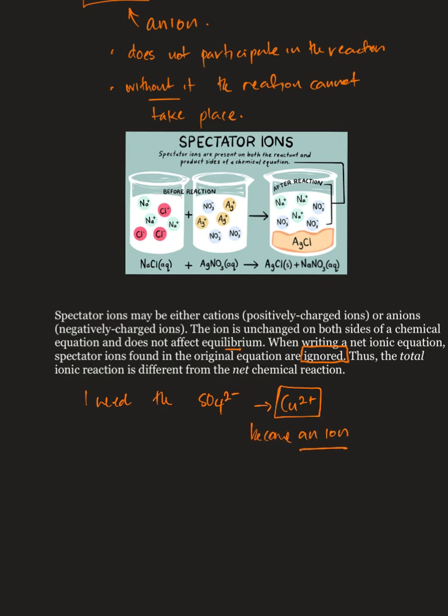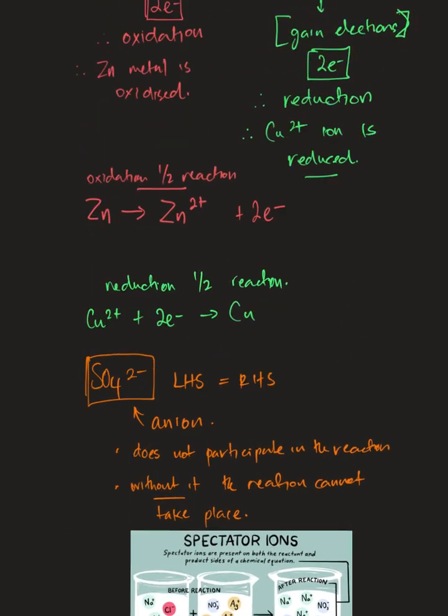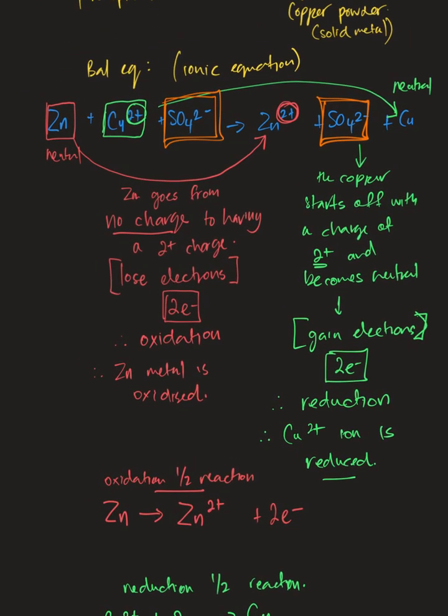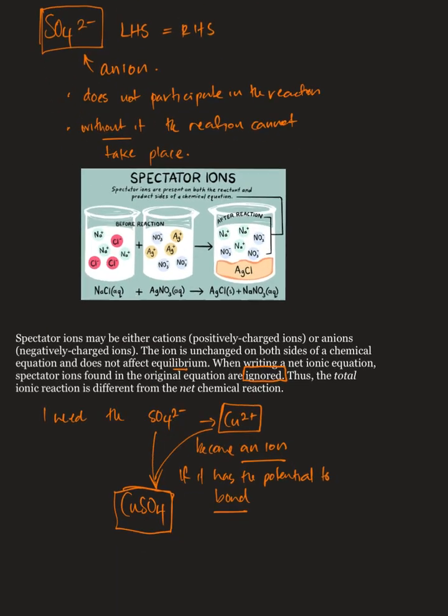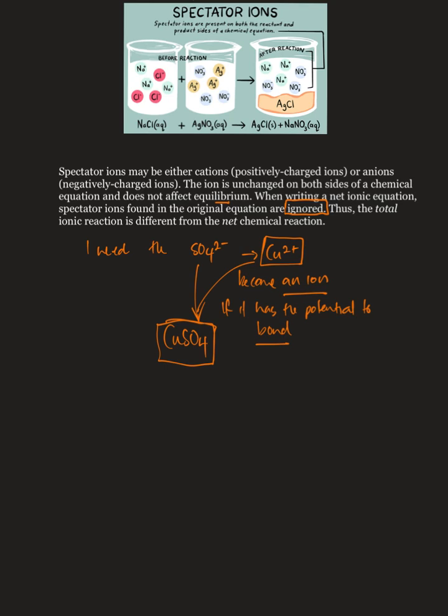The only way it's going to become an ion is if it has the potential to bond. If these two things make copper sulfate, a compound, that means I'm going to be able to extract that copper 2 plus. But if I look at the charges here, the SO4 2 minus doesn't change. Each charge stays 2 minus on both sides of the equation. So it's not something that participates.